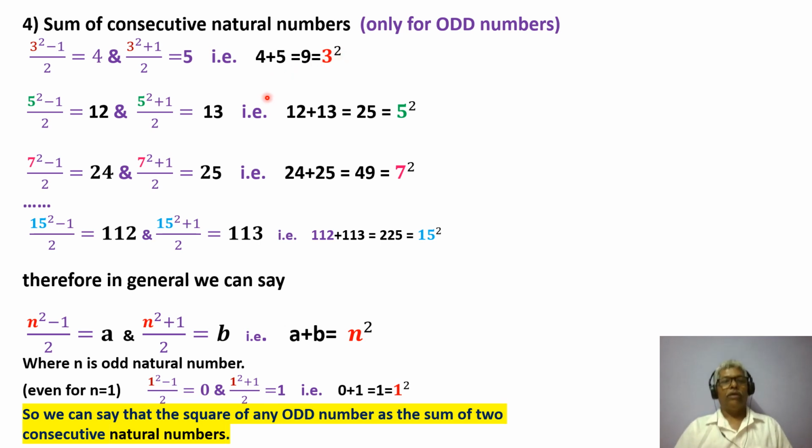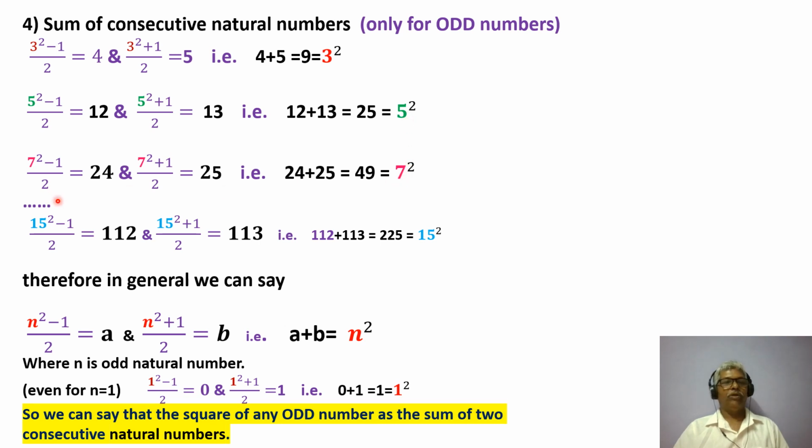Then for 5, 5 square minus 1 upon 2 is 12, and 5 square plus 1 upon 2 is 13. So 12 plus 13, the sum of consecutive natural numbers, is 25, that is 5 square.